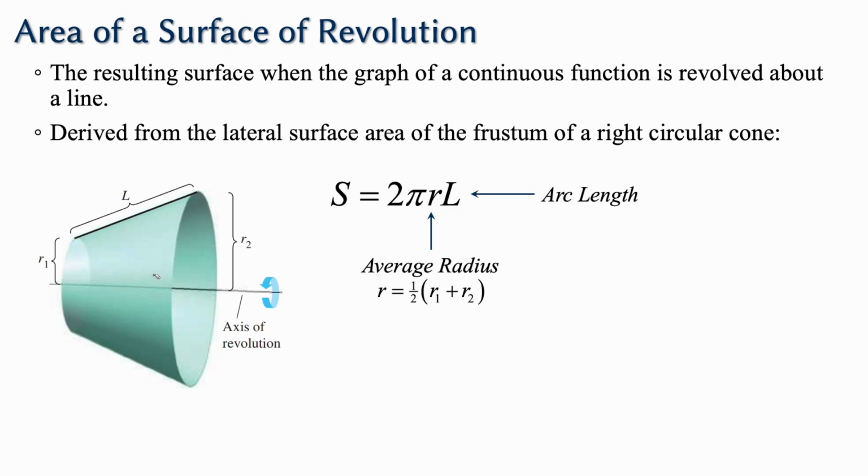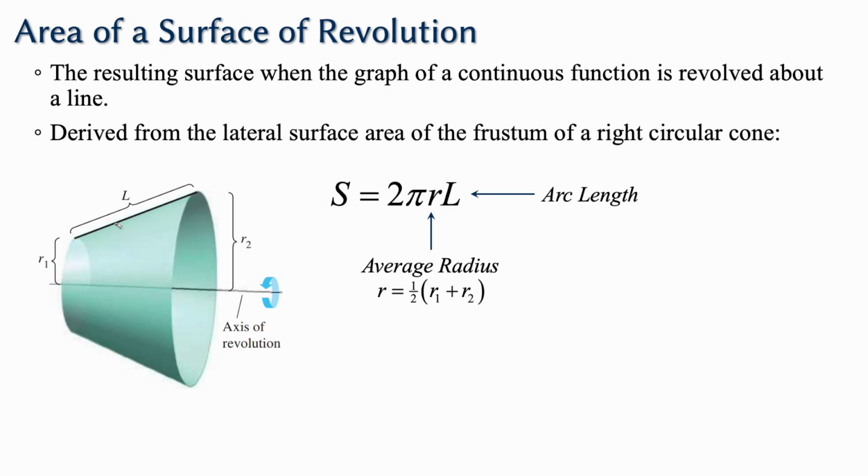We're going to imagine this shape, and this is the formula for its surface area. So the things we need basically are the arc length, which we just discovered how to find. We already have a formula for that. Then we just have to multiply it by 2 times pi times this. Now this r is actually the average radius between the first and second. Remember, this geometric formula we're going to combine and put into a Riemann sum.